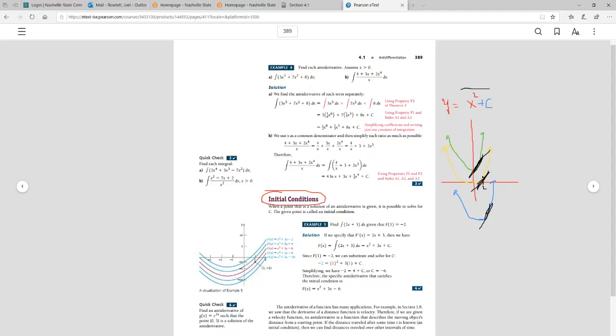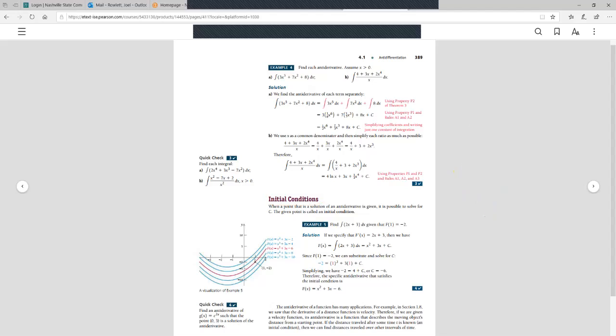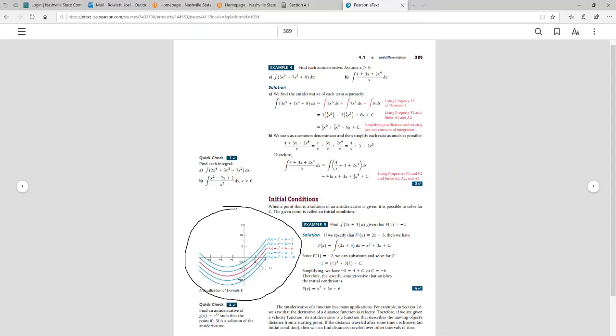So adding the constant does not change the derivative at any given point. And that's what they're saying here as well. Notice they're taking x squared plus 3x, and then they're subtracting 2, 4, 6, and so on. But they're trying to illustrate the fact that it doesn't change the value of the derivative at that point.